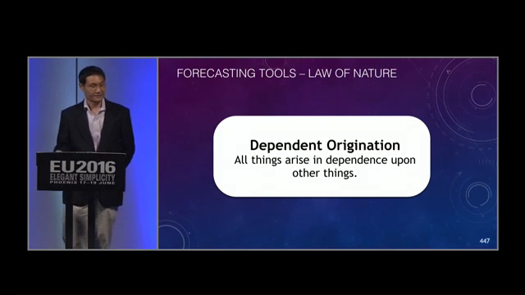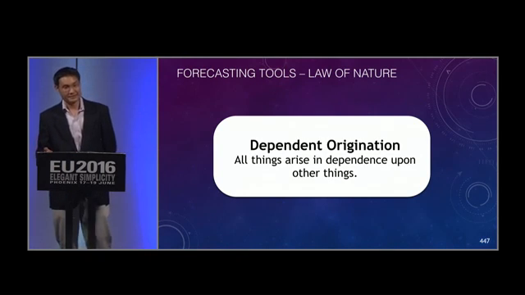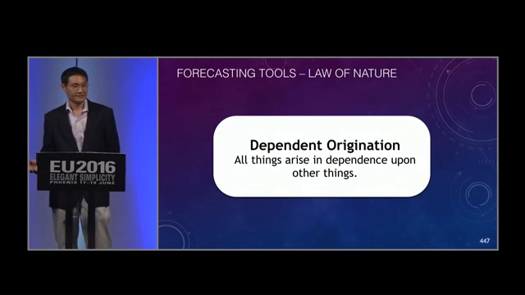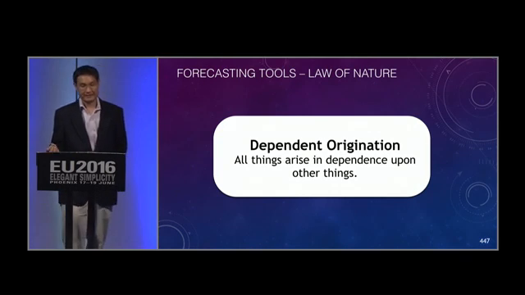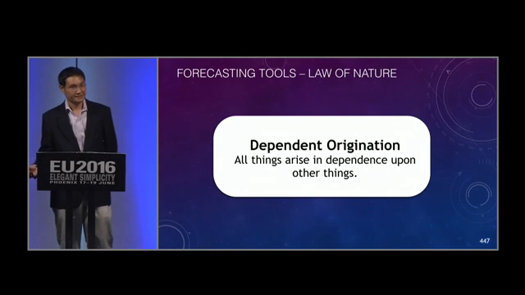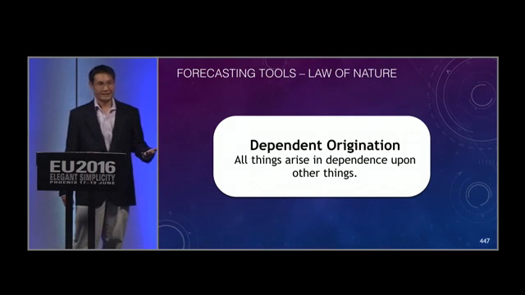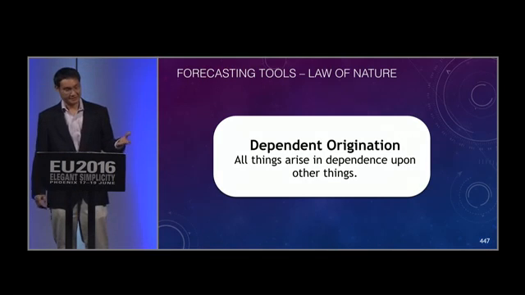So in this case, we look into the ultimate law of nature, which several philosophies around the world have discovered and made the ultimate conclusion that everything that occurs in this universe happens for a reason, and that's dependent upon many things. That means one thing cannot exist without relying on some other things to exist. And not only that, when it exists, it never lasts forever. It goes away as the factors that sustain its existence go away.